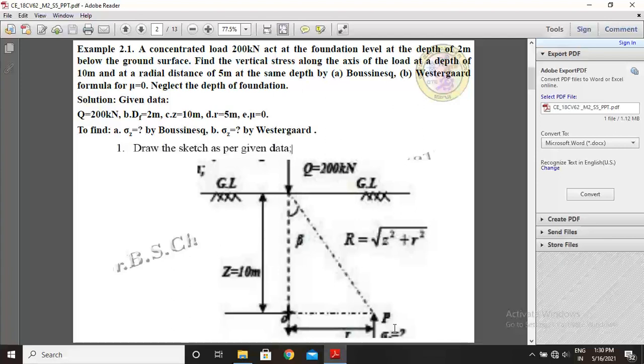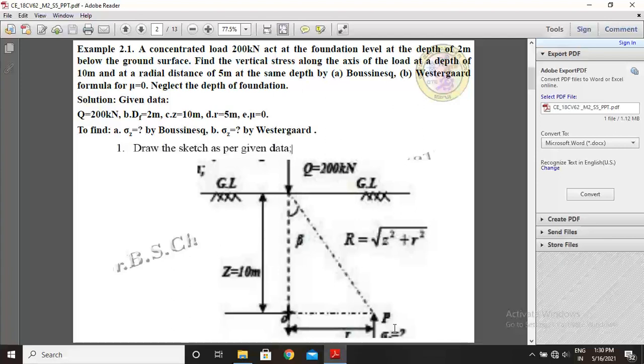Come on, let us see. First problem. A concentrated load of 200 kilonewton acts at the foundation level at a depth of 2 meter below the ground surface.